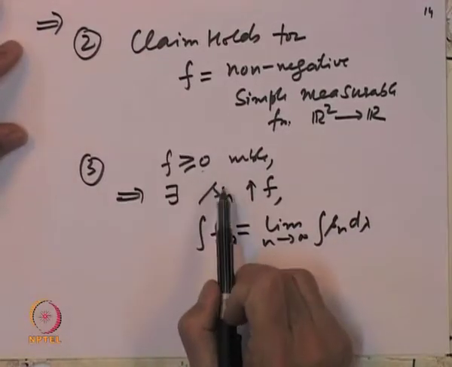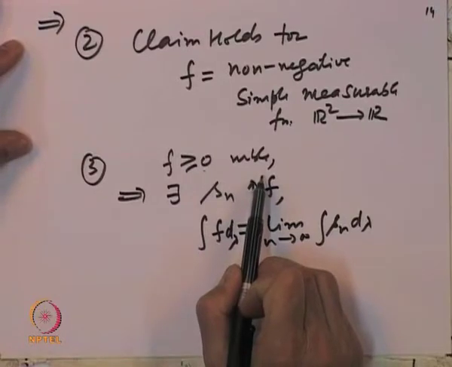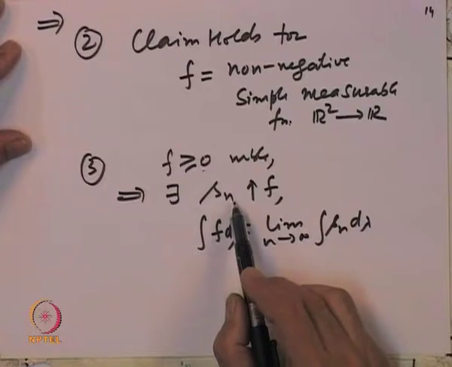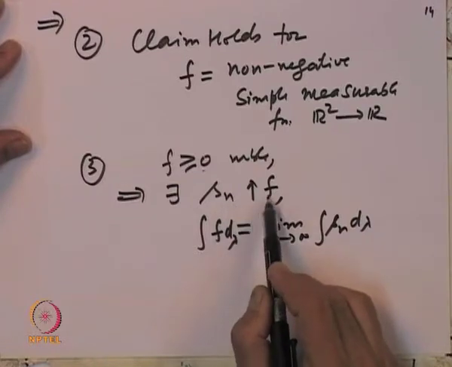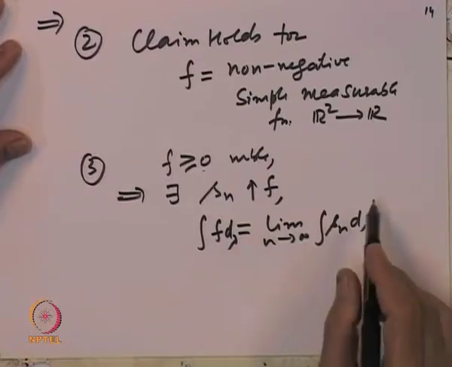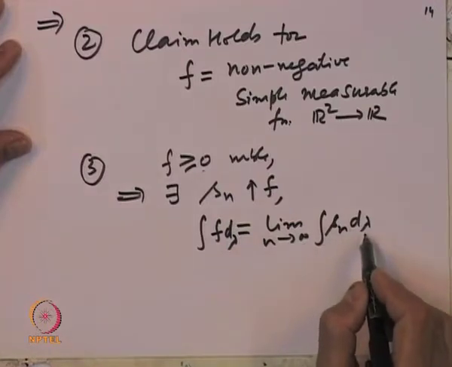So, saying that f is non-negative measurable means that f is a limit of non-negative simple measurable functions, and the integral of f can be defined as the limit of the integrals of non-negative simple measurable functions.